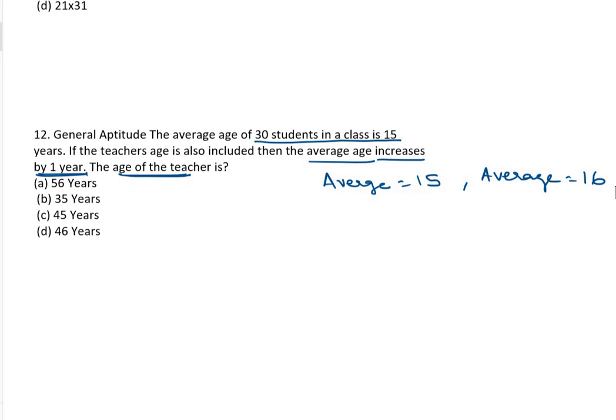So how can we find the average? Sum of all ages of students divided by 30 equals 15. The average is the sum of all the ages of students divided by the total number of students. Here 30 students are given. So now cross multiply.